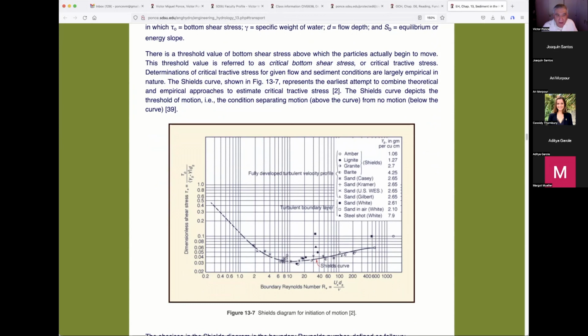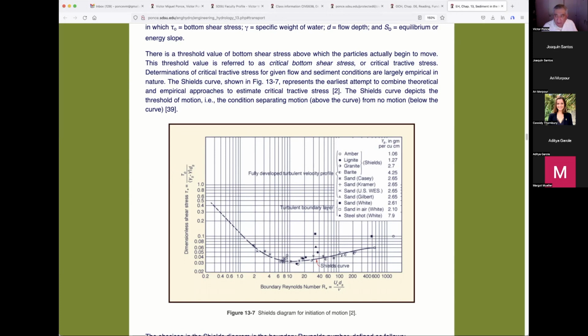Fortunately, we have the Shields diagram for initiation of motion. Who is Shields? Shields was an American gentleman that went in the mid-30s to Europe, specifically to the Swiss Polytechnic. I think it is a good school, somewhere out there in Switzerland.